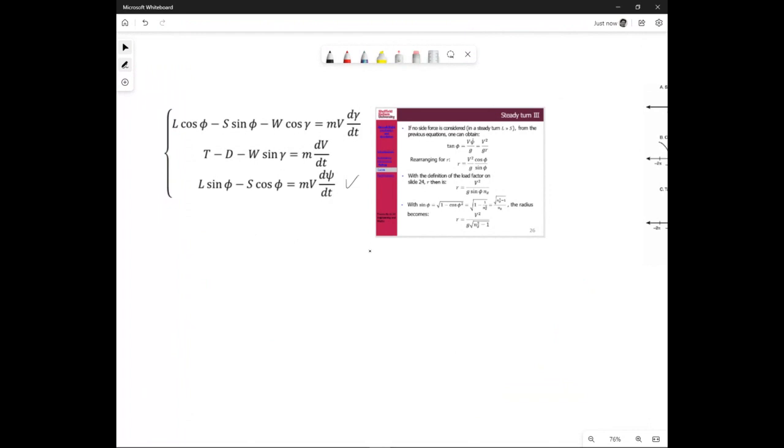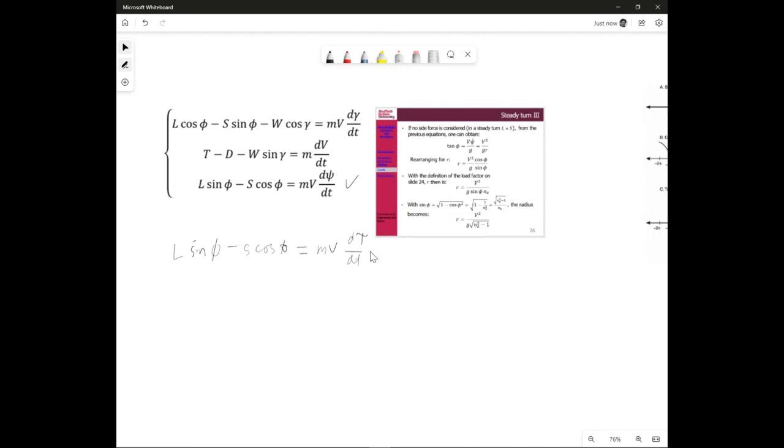So if I just write it down: L sin theta minus S cos theta equals mV d psi/dt.